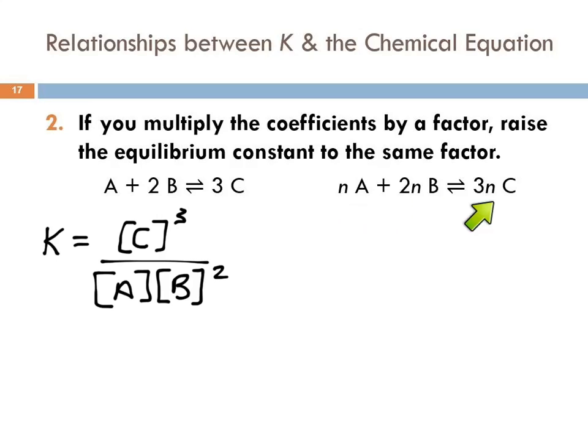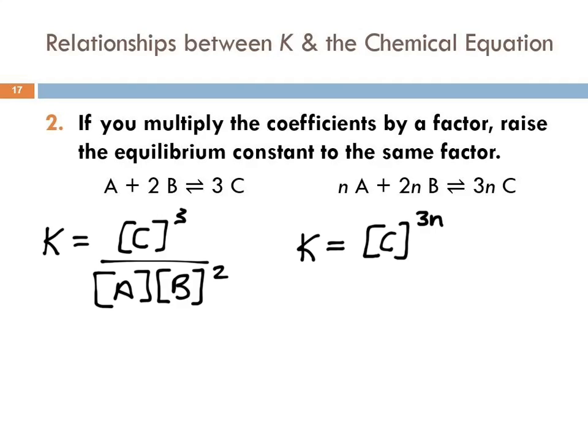And here we're multiplying all the coefficients by some number n. Still a balanced chemical equation, right? Because we did the same thing to everything. So what's the equilibrium constant expression here? You take the concentration and raise it to a power equal to the coefficient. So that's going to be C to the 3n power.